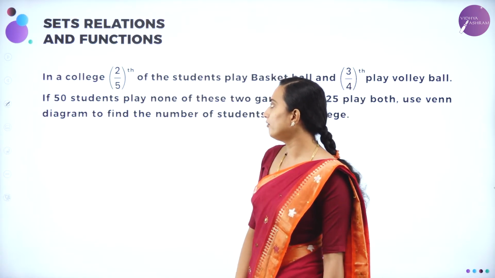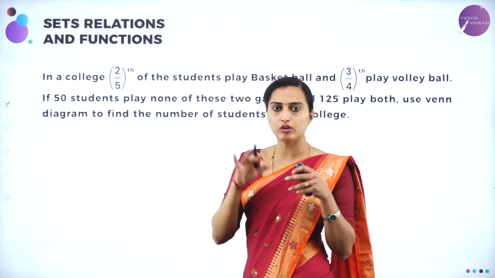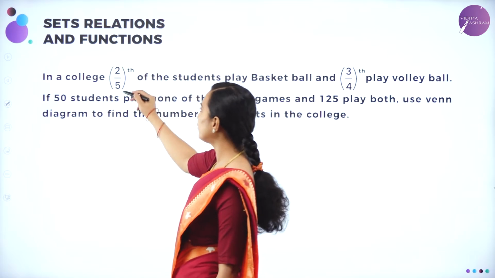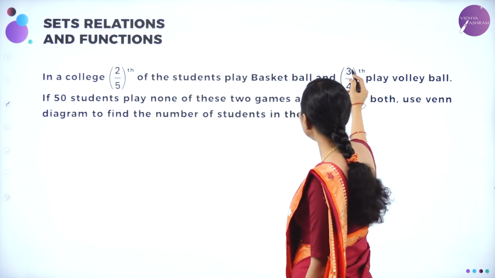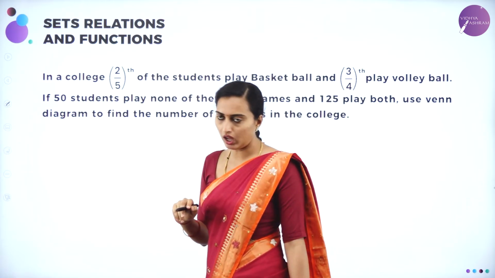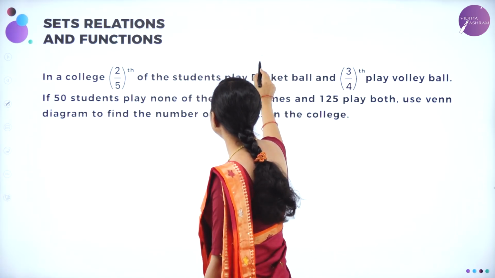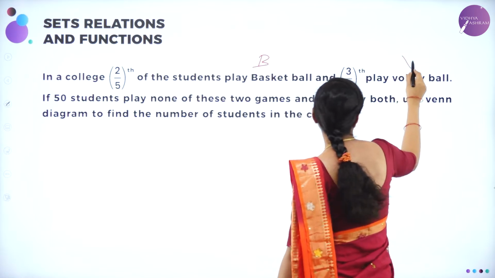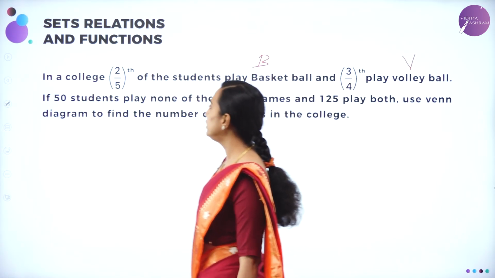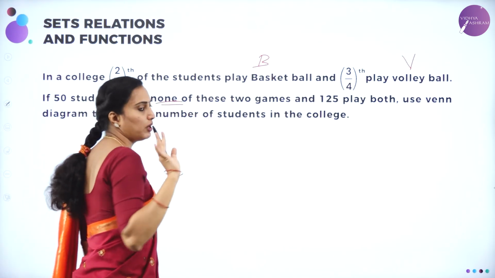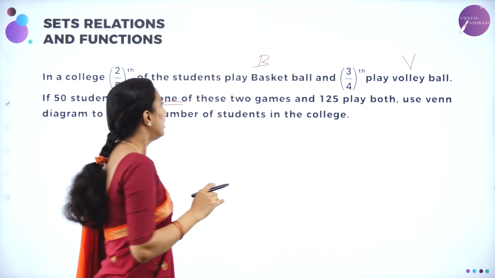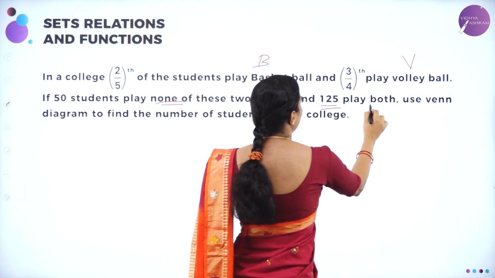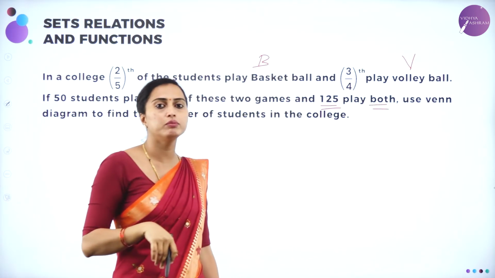In a college, 2 by 5th of the students, that means out of 5, 2 students, play basketball and 3 by 4th play volleyball. Basketball I am going to take as B. Volleyball I am going to take as B. If 50 students play none of these 2 games, and 125 play both. 125 play both means what?